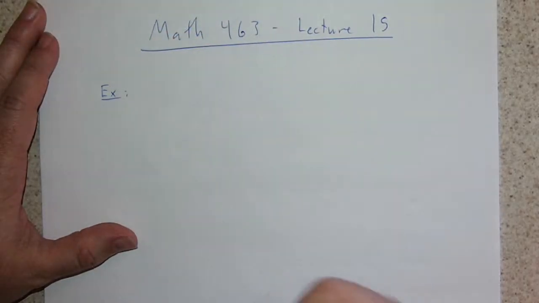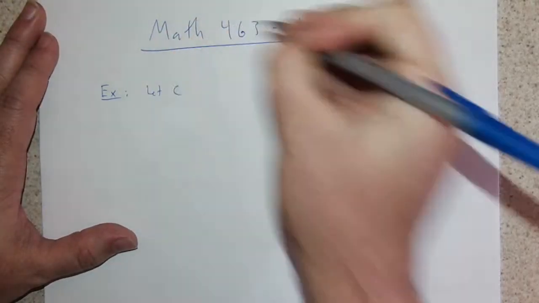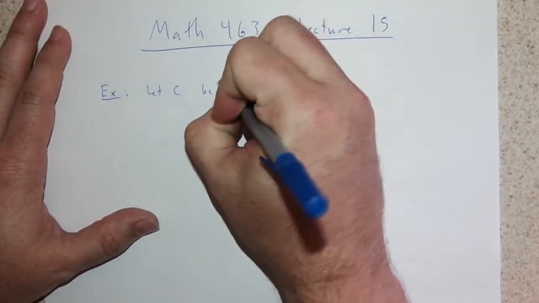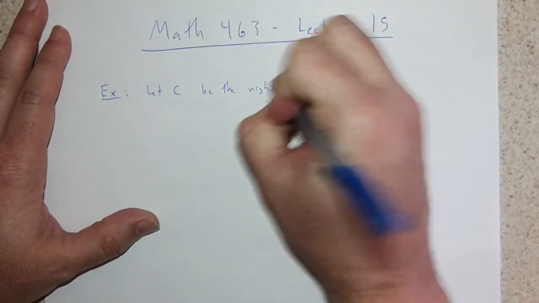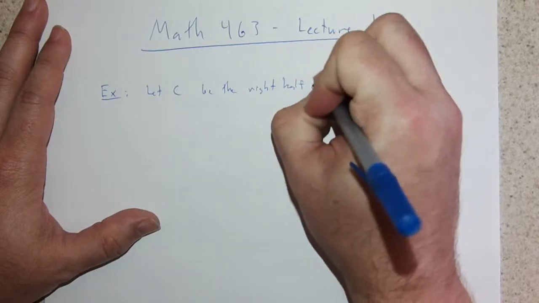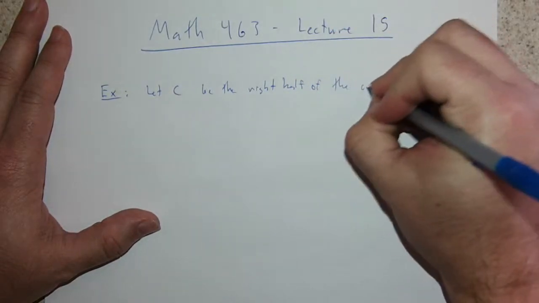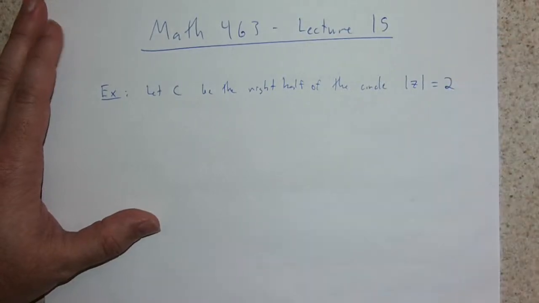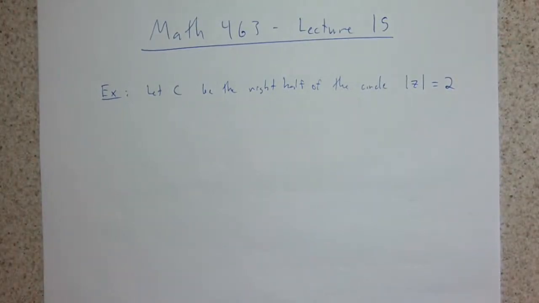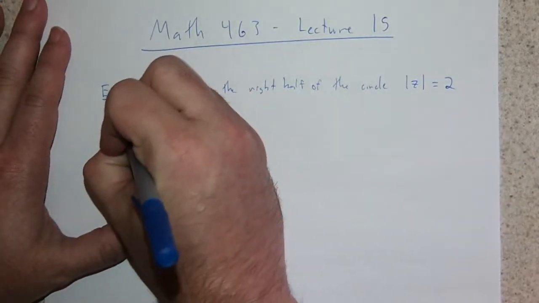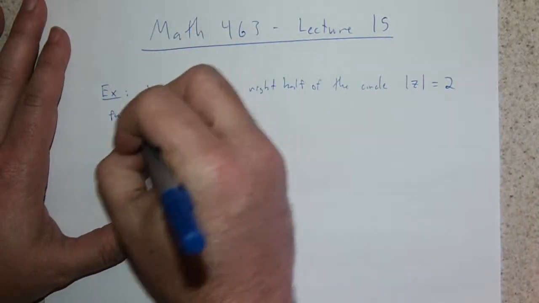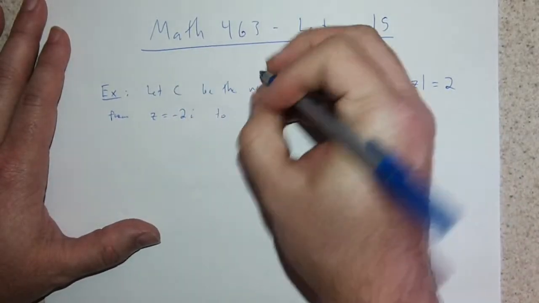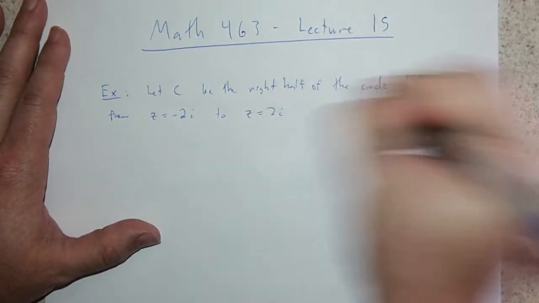Let C be the right half of the circle of radius 2 centered at the origin, modulus of z equals 2, from, say, z equals minus 2i to z equals 2i.